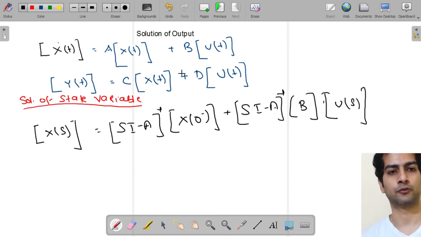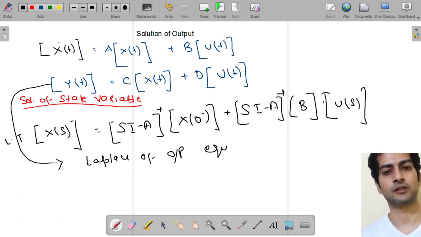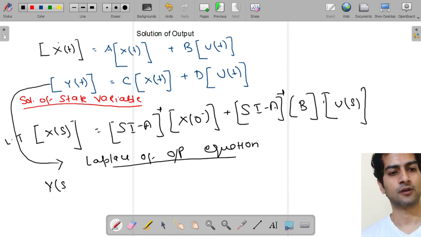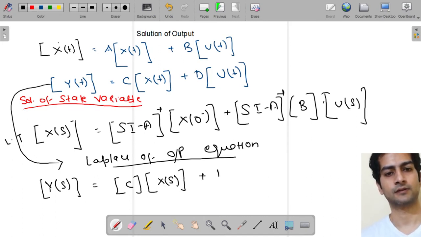If we take the Laplace of the output equation, we will get something like this: Y of s equals C X of s plus D U of s. Now we will put the value of X of s.